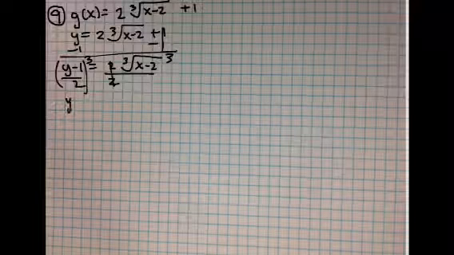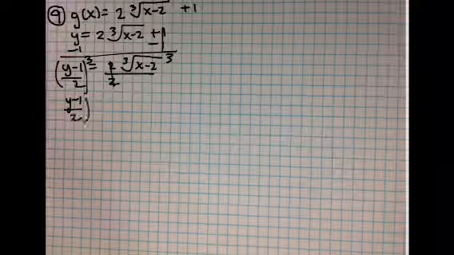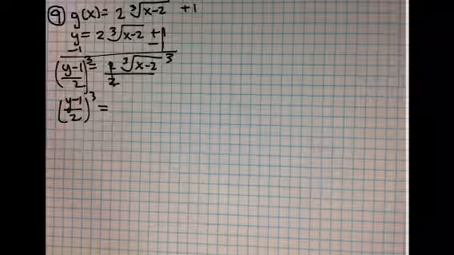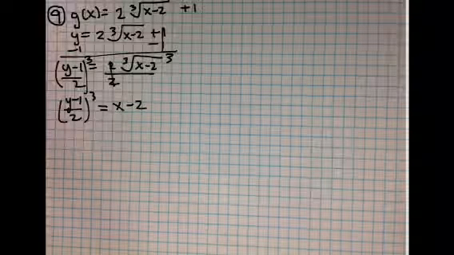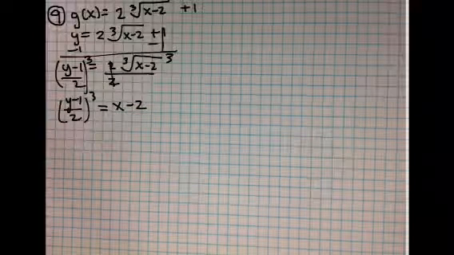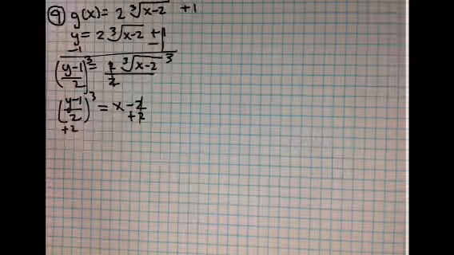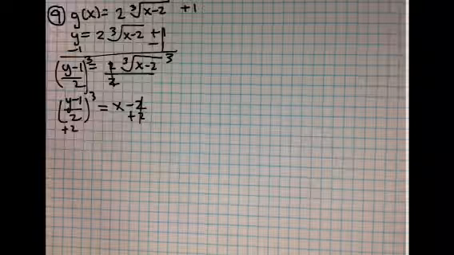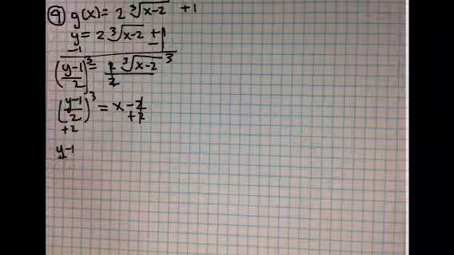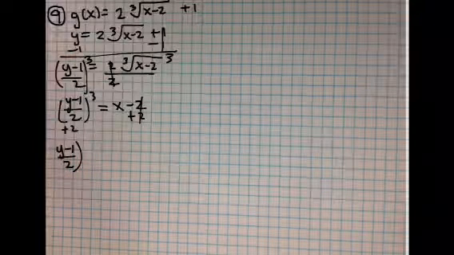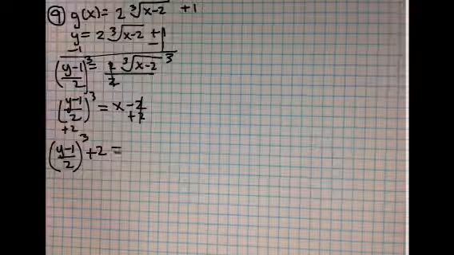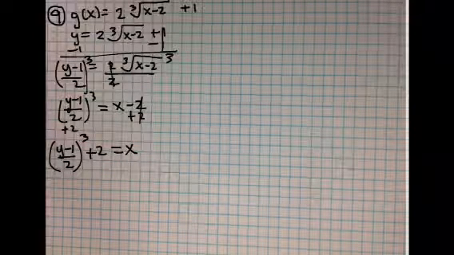Okay? So now I have y minus 1 over 2 cubed equals x minus 2 because the radical's gone. And so now I add 2. And so I have y minus 1 over 2 cubed plus 2 equals x. Switch the x and the y.